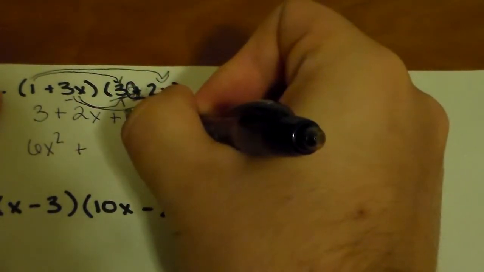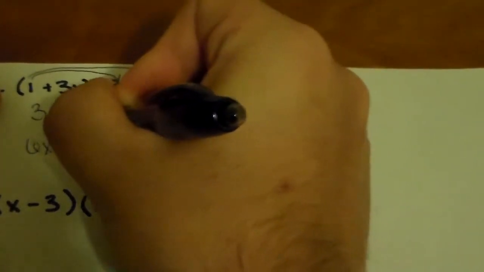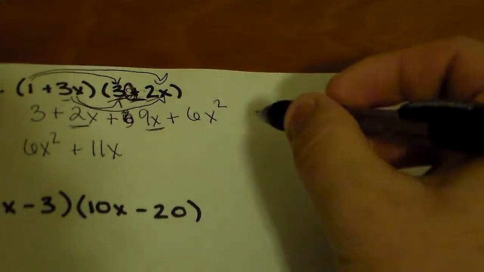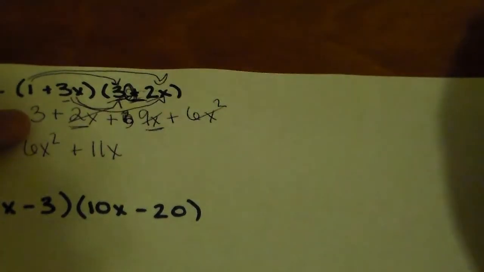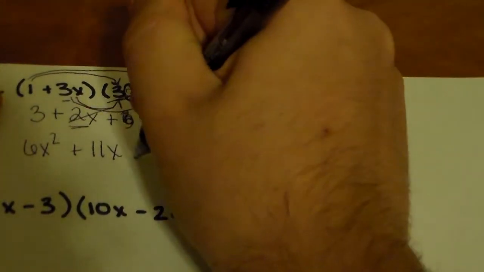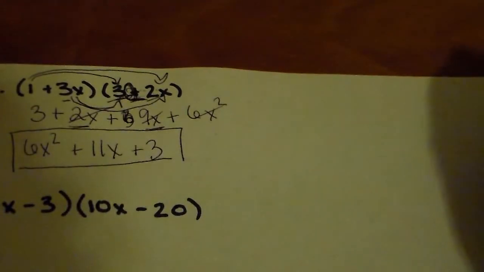So it'll be 9x plus the 2x, which will become 11x. And then we have got that, and got that. The only thing we have left is this 3 right here. So we do plus 3. So our final answer for number 1 is 6x squared plus 11x plus 3.